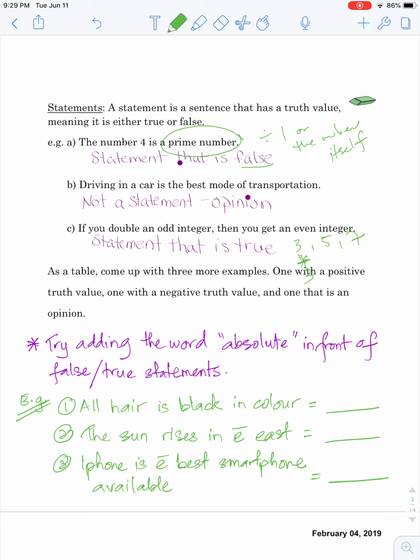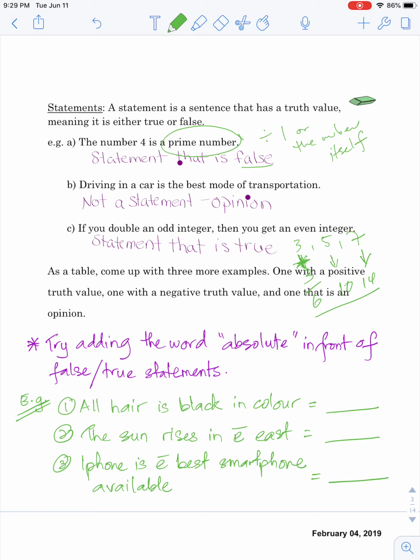You double this number. So 3 plus 3, you get 6. You double 5, you get 10. You double 7, you get 14. So the result is always an even number. So this is an absolute truthful statement.